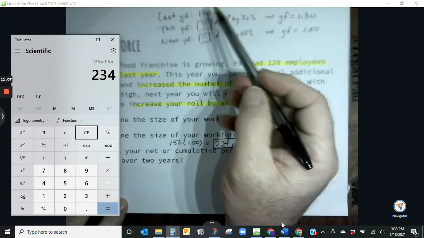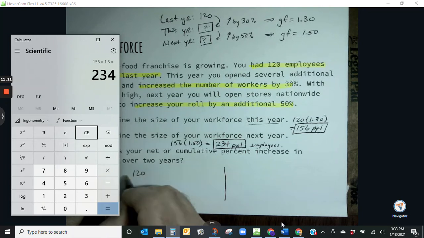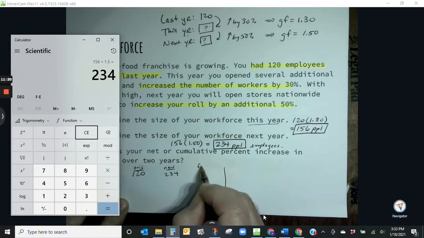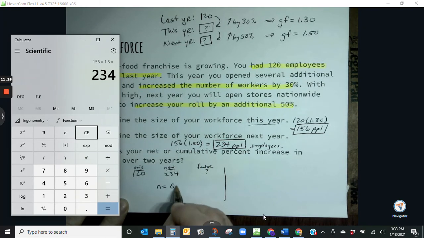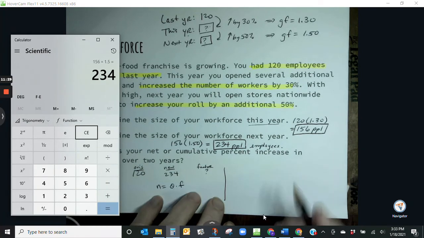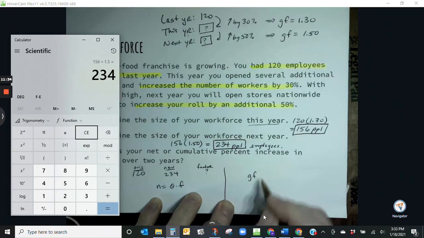I could do this two ways. I could say I started with 120. This was my original. My new is now 234 after 2 years, and I could solve for my factor using new equals original times factor. But I already know what happened. There was a 30% increase, so a growth factor of 1.30, and another growth factor of 1.50.